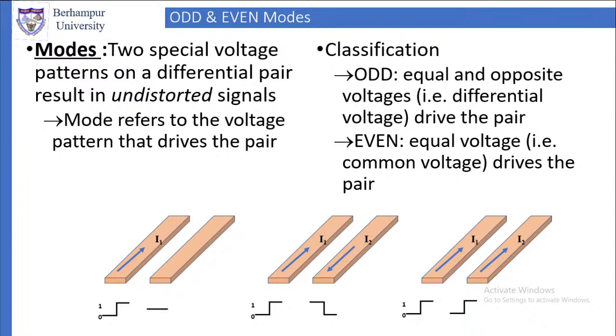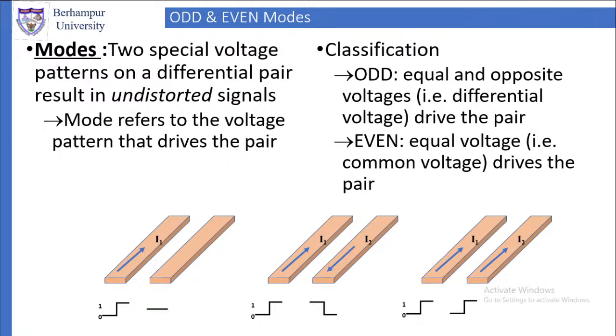On the right-hand line there is no current. Now this I1 fluctuates between 0 and 1, since we are sending a digital signal. So that is 1 on I1, and I2 is equal to 0.